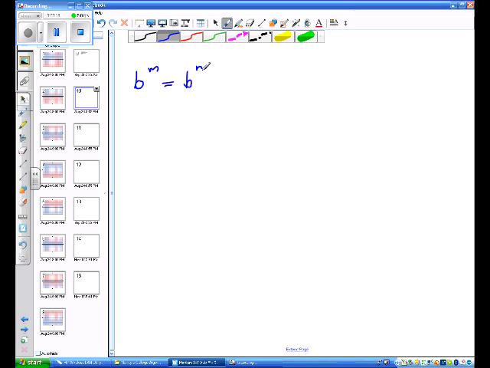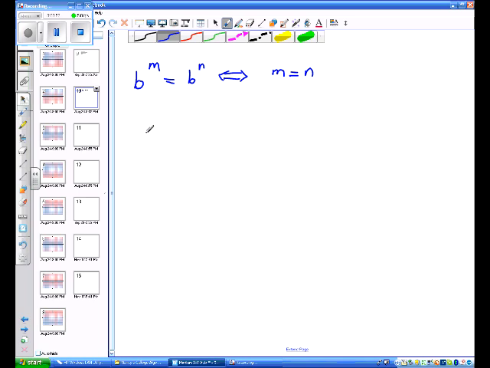This is a property that we have, that b to the m will equal b to the n if and only if, and we use a double arrow to show that, if and only if m equals n. And we kind of talked about this just a little bit in some other lessons, but the idea is if you can get the bases to be the same, then the exponents have to equal. And so we can use this to solve.